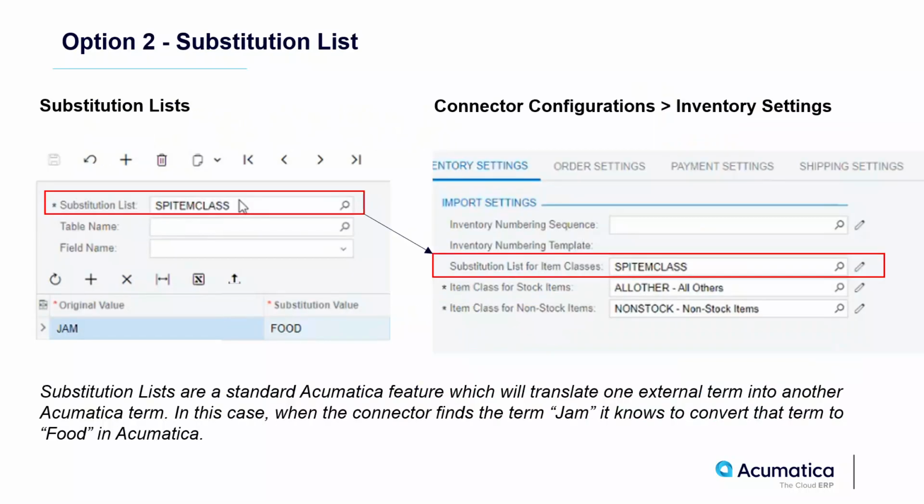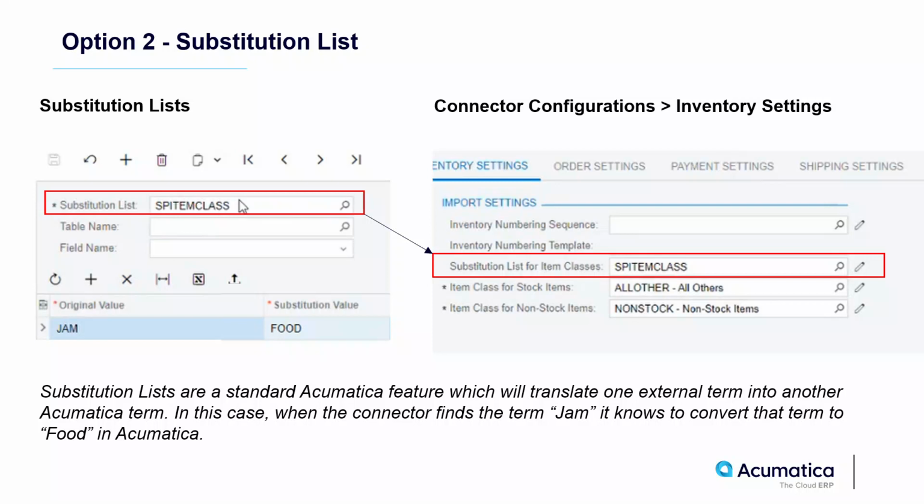And then we also have substitution lists. So if you're new to Acumatica, let me explain what a substitution list is. It's a standard feature inside of Acumatica that allows you to associate some external term or some external name with an Acumatica name or term.